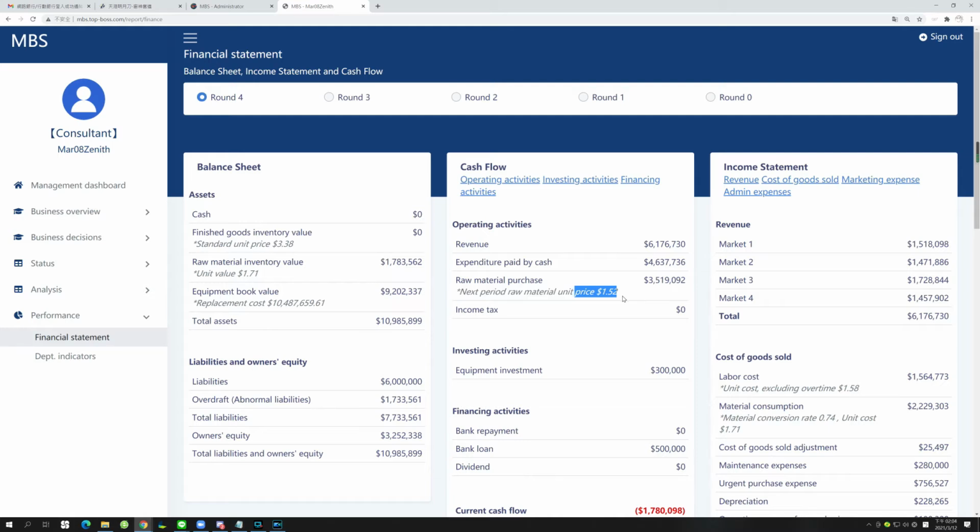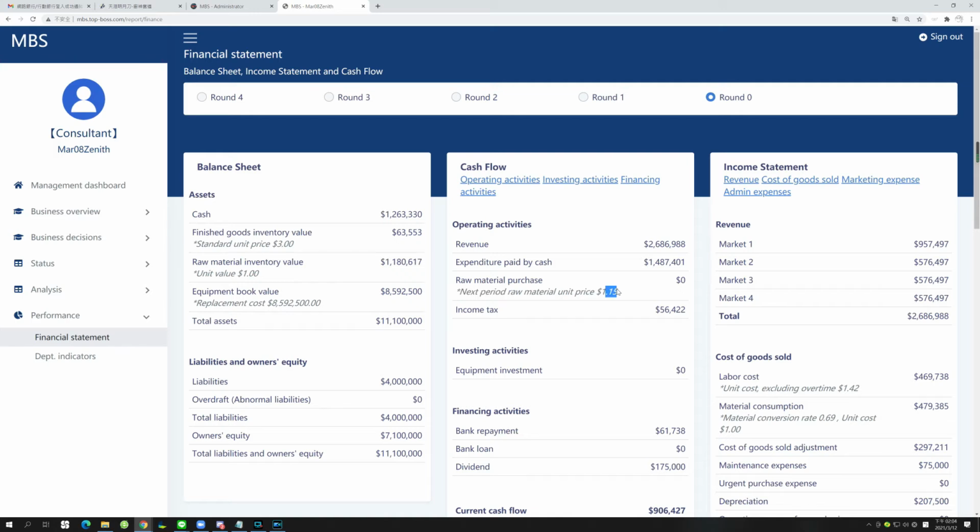And in the very beginning, we look at the material unit price, and that is $1.15. And that means the cost of each item is $1.15. And because we are looking at round 0, this material unit price means the next period cost of the item.